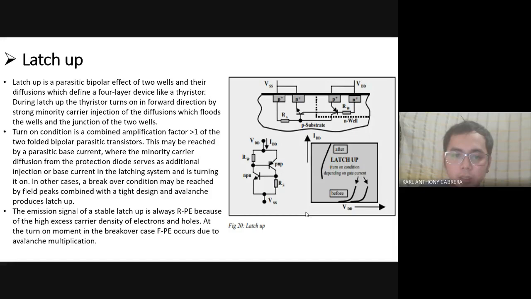In other cases, a breakover condition may be reached by field peaks combined with a tight design, and avalanche produces latch up. The emission signal of a stable latch up is always RPE because of the high excess carrier density of electrons and holes. At the turn-on moment, in the breakover case, FPE occurs due to avalanche multiplication.